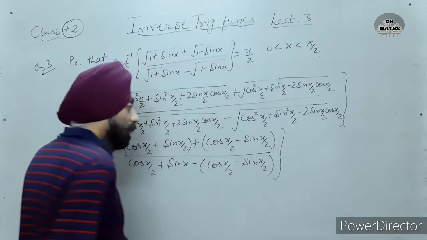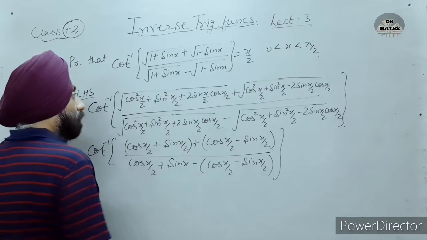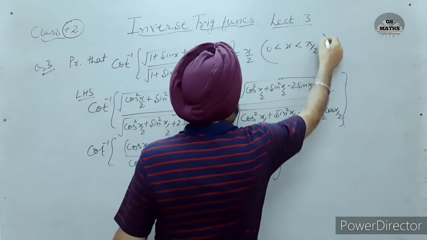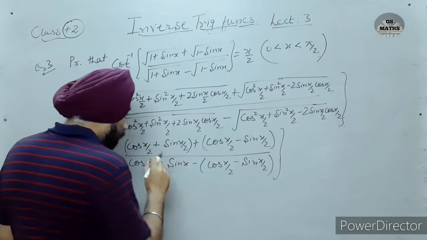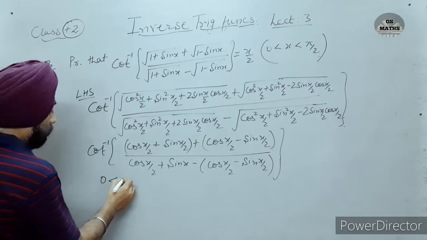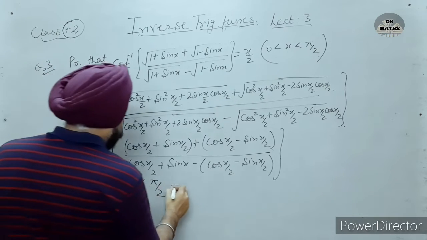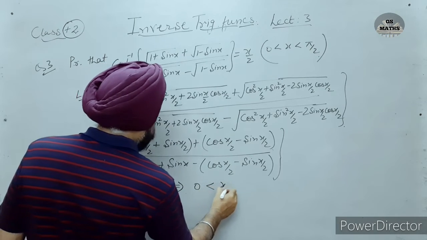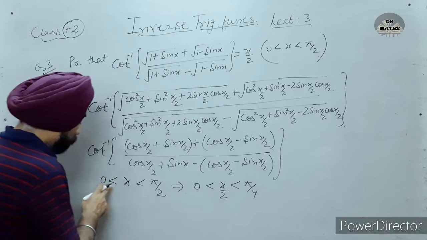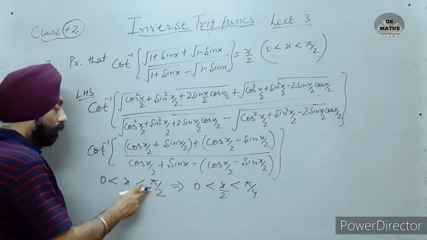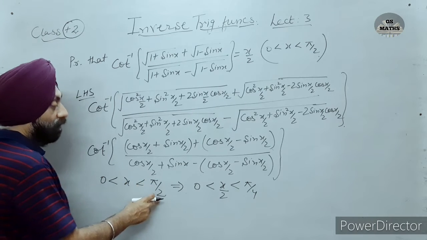Now here a question can arise: why I haven't written sin x by 2 plus cos x by 2 in the other order? Because my angle is x by 2. I am given 0 less than x less than pi by 2. My angle is x by 2, so 0 less than x by 2 less than pi by 4, dividing the whole inequality by 2. 0 divided by 2 is 0, x becomes x by 2, pi by 2 becomes pi by 4.